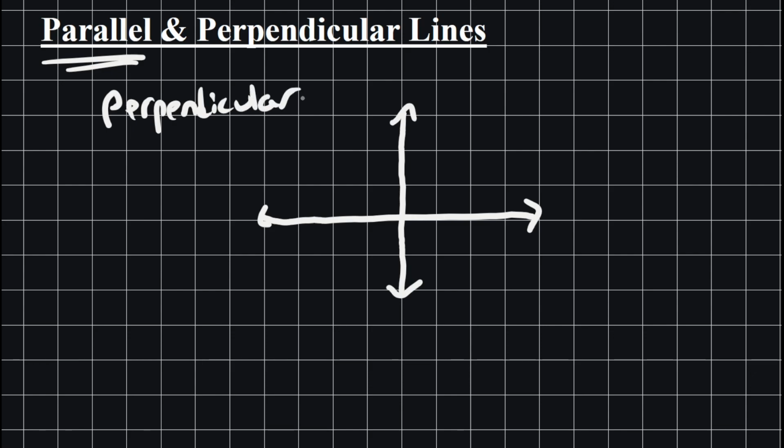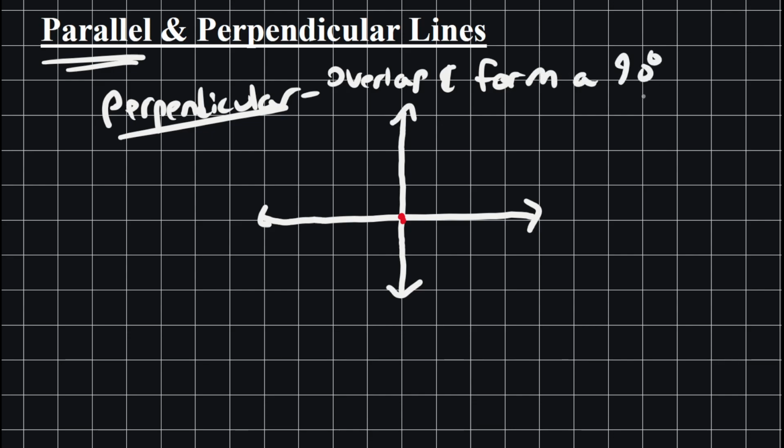And what makes them perpendicular is that they overlap. You can see that they're touching at this point, right here, and they form a 90-degree angle, also known as a right angle.